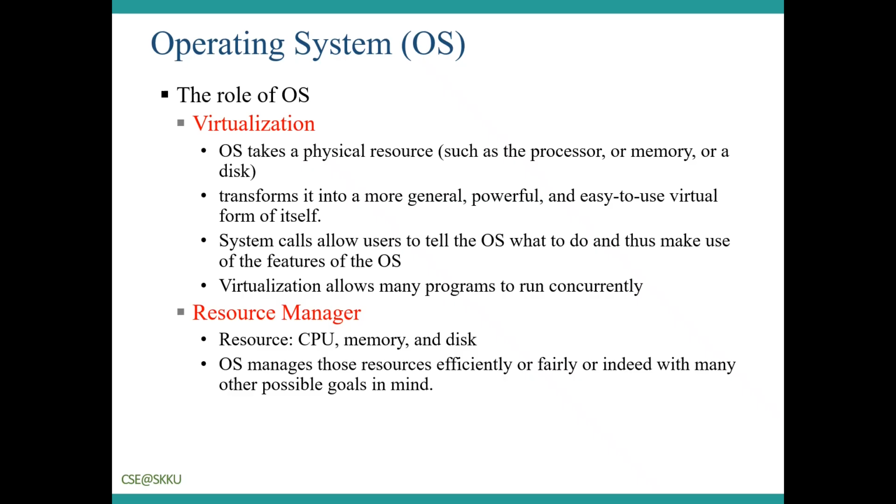So, we sometimes refer to the operating system as a virtual machine. Of course, in order to allow users to tell the OS what to do and thus make use of the features of the virtual machine, such as running a program, allocating memory, or accessing a file, the operating system also provides many system calls that are available to applications.